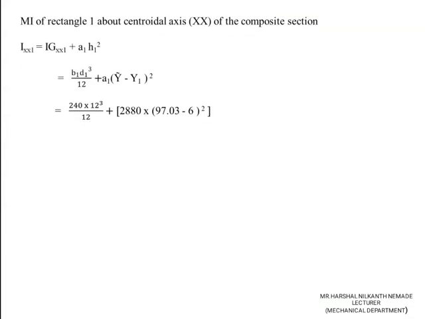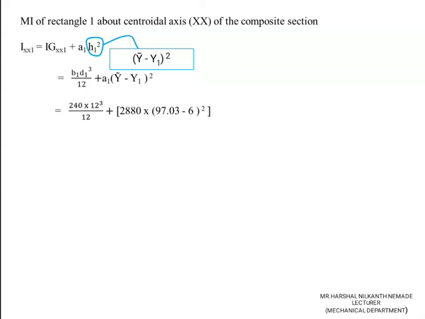Moment of inertia of rectangle 1 about centroidal axis of composite section: Ixx1 is equal to Igxx1 plus A1 H1 square. This is the formula for the parallel axis theorem. By applying the parallel axis theorem, H1 is written as (y bar minus y1) square.